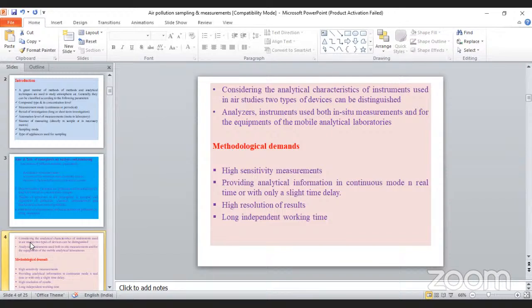At that time we are supposed to know what method we should adopt. Suppose I want to do benzene sampling, there must be a specific method to collect the benzene. That benzene should not be changed into some other form. It should be retained in the same chemical form.